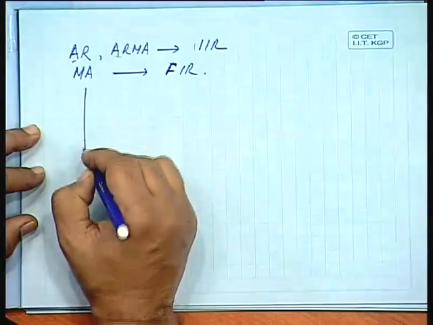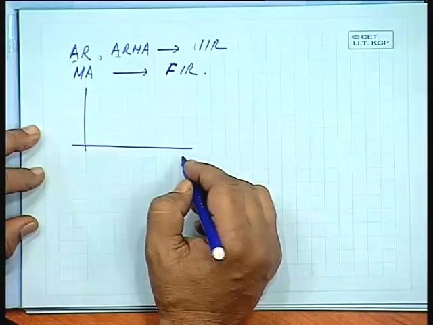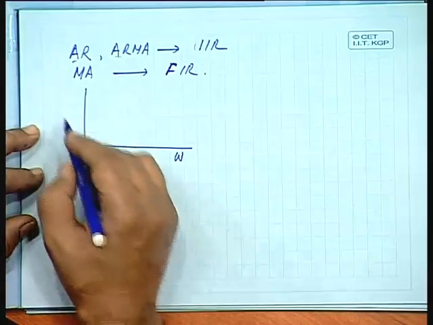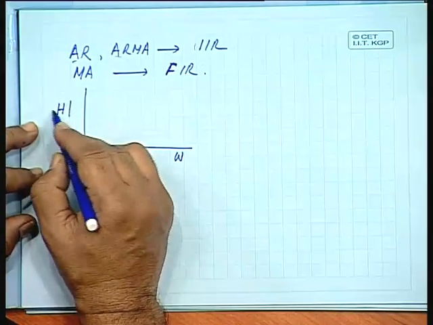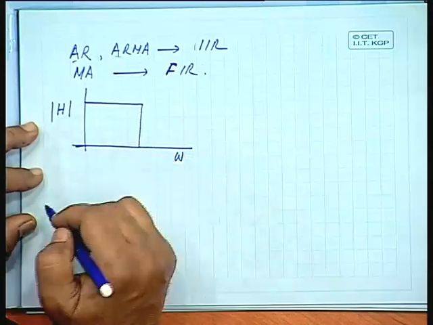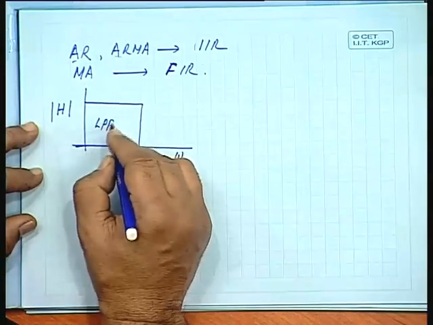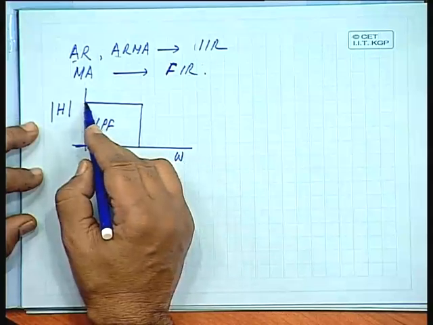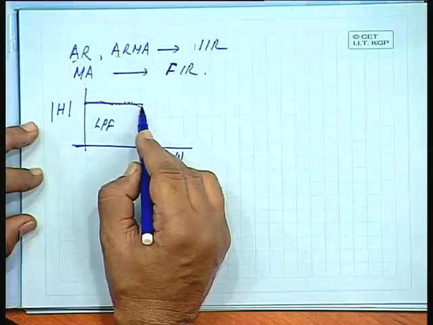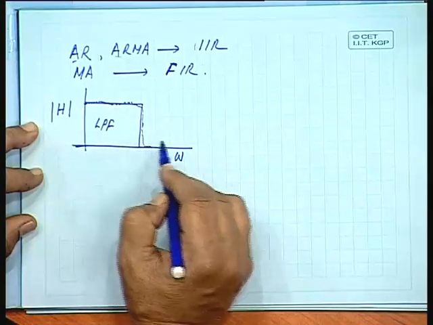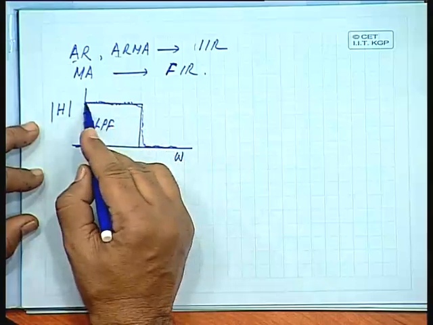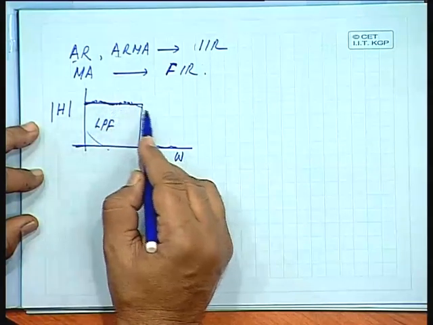Now, there are different types of filters. If I take the discrete frequency domain, this is the gain. An ideal low pass filter is like this. A real filter cannot maintain such stringent requirements, it will be somewhat deviating from the ideal characteristics.